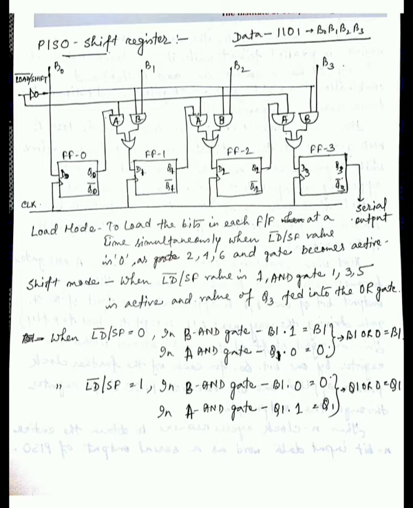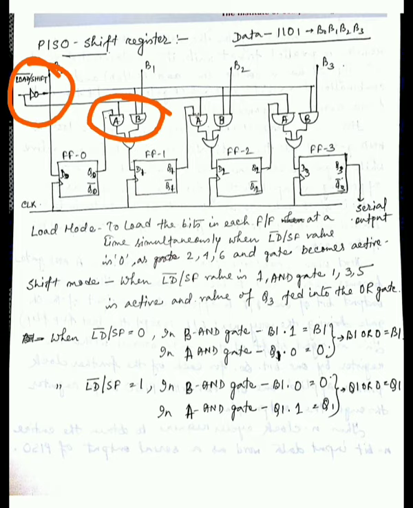What is required is one extra combinational circuit. Here two AND gates are required. One AND gate is for input data and another AND gate is to shift the value from left to right, and one control signal, the load and shift value, is required to activate and deactivate the AND gates. Whenever the B gates are active, all the inputs are fed into the flip-flop.